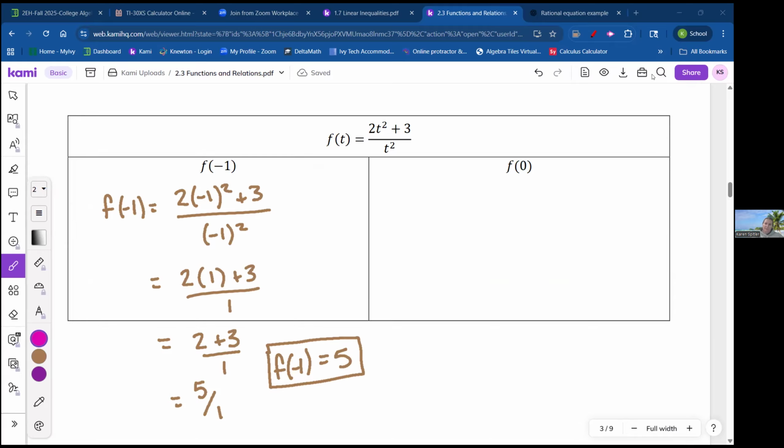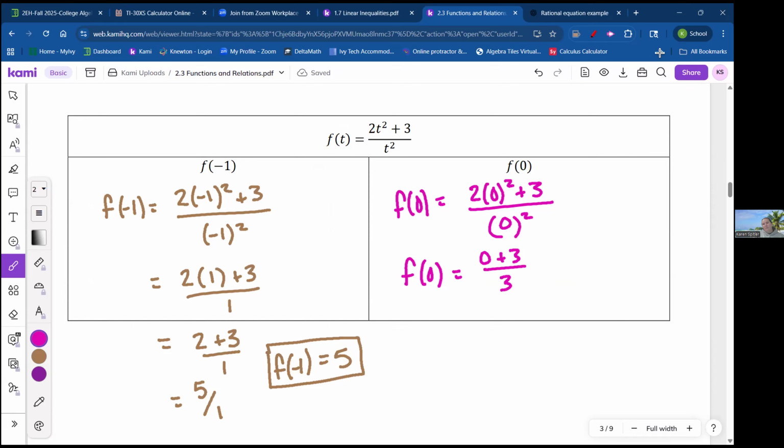Yes, correct. You shouldn't need too much time on this one. And here's why. Because first off, 0 squared plus 3, right? 0 times anything is 0. So f of 0 here is 0 plus 3 over 0. And f of 0 is equal to 3 over 0.